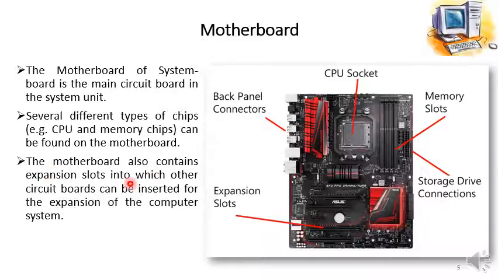The motherboard also contains expansion slots into which other circuit boards can be inserted for the expansion of the computer system. As I already told you, there are specific expansion slots for specific hardware or specific devices to connect with the motherboard.